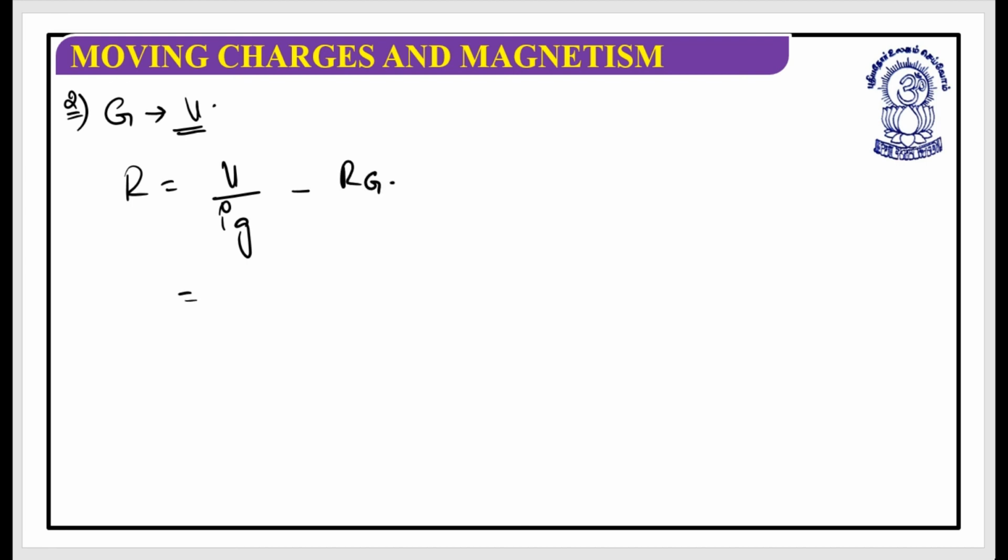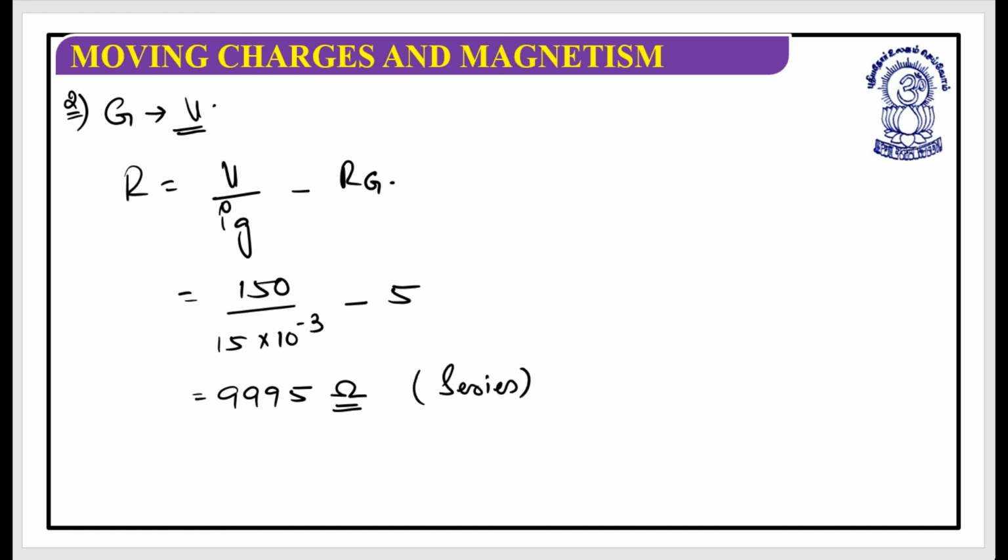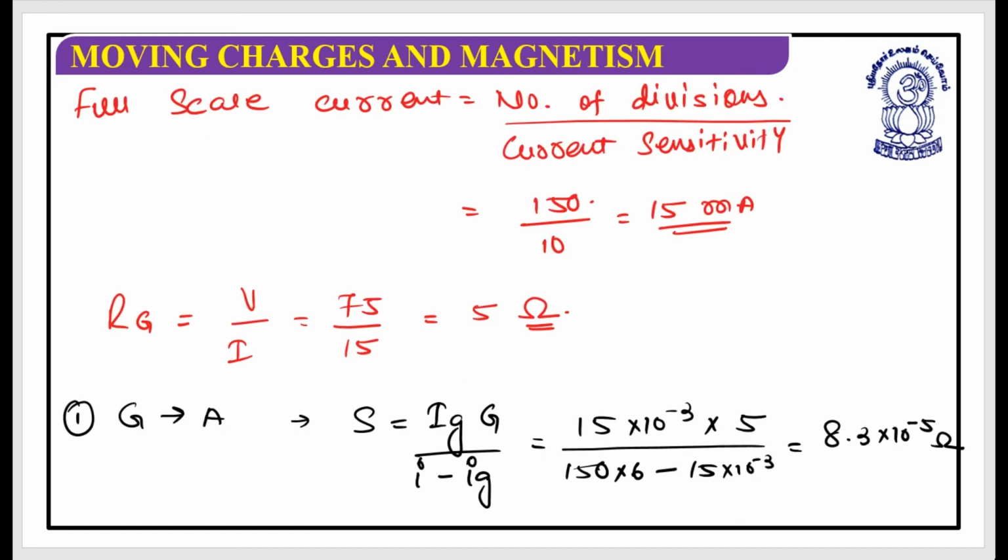So that is 150 divided by Ig, which is 15 into 10 to the power minus 3, minus Rg, which is 5. If I solve this, it would be 995 ohm. So this resistance needs to be connected in series, and the other resistance needs to be connected in parallel.